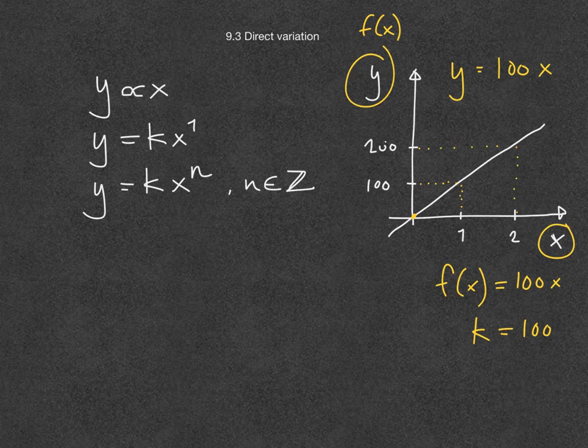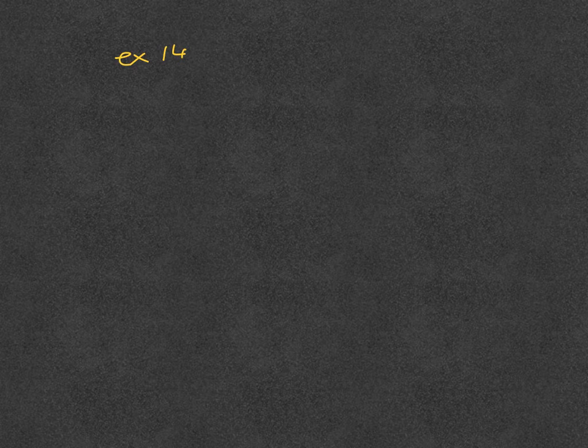Now we'll look at an example, this is example 14 in the book, where you have a rock that falls. So it falls from a height.